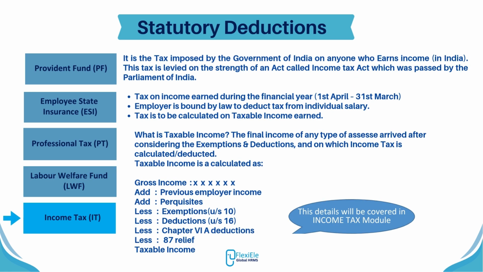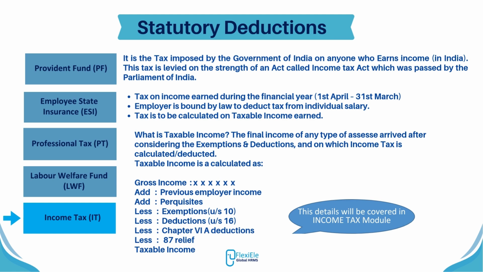When it comes to your salary, there is more happening behind the scenes than just money in, money out. The government requires employers to deduct certain amounts from your pay to keep everything compliant and fair. Income tax is calculated based on your total earnings over the financial year, which starts from 1st April and ends on 31st March. It takes into account what you have earned from your current and previous jobs, any perks you received, and allows for exemptions and deductions under different sections of the Income Tax Act.